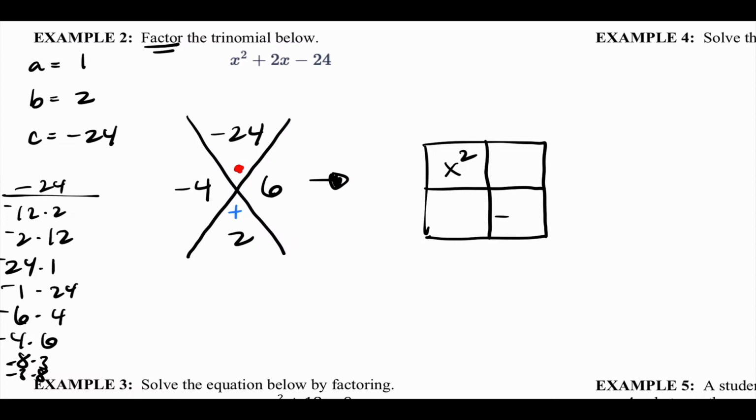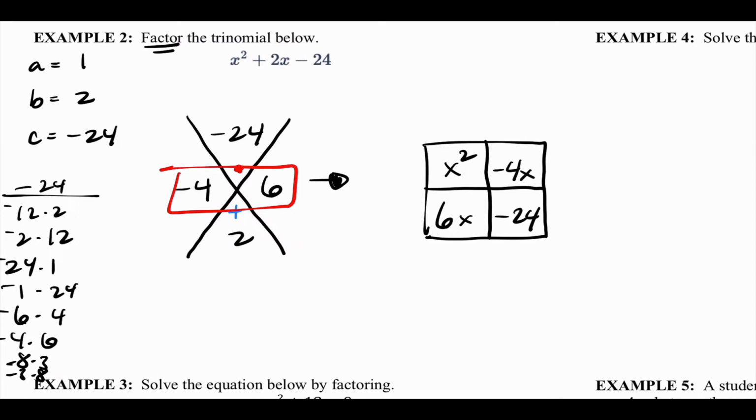C goes in the last box. The two things that I found out here go here and here. Order doesn't matter for these two guys. As long as they're in each of those, it's okay. And then remember, they need an x because when we add them together, they have to make +2x.